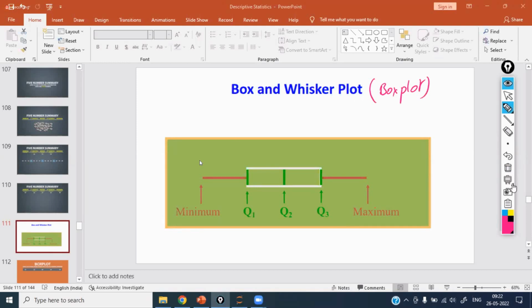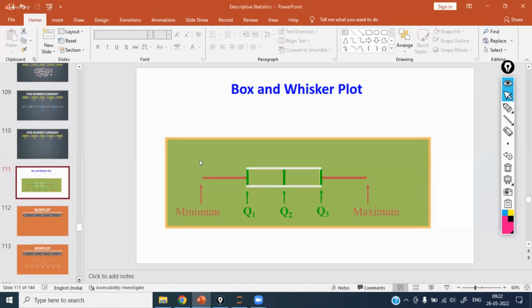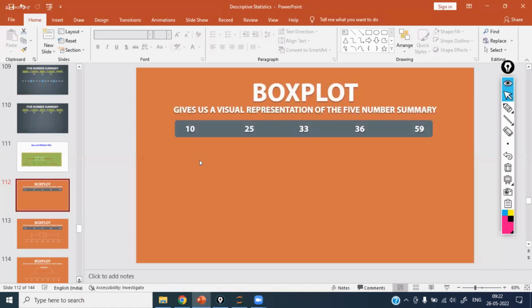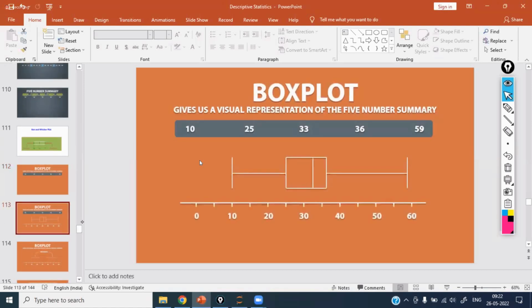How is this box plot represented? Just I am going to show you. So here I am having these 5 values: 10, 25, 33, 36 and 59. Now using these 5 values, I am going to represent the plot. Wherever the 10 is there, just draw the line of 10. Draw the line wherever the 25 value is there.